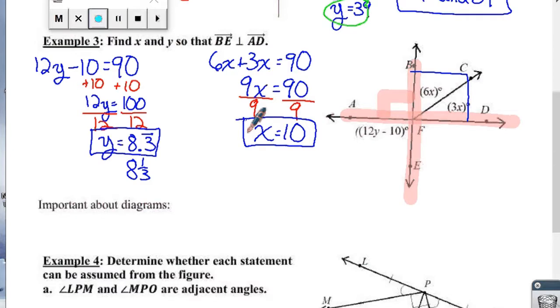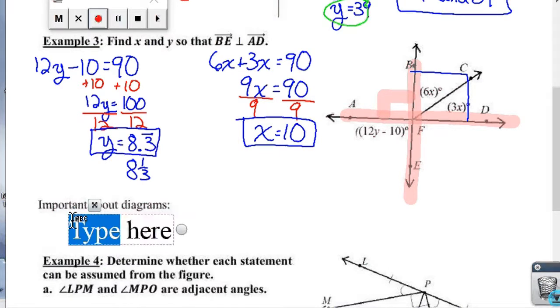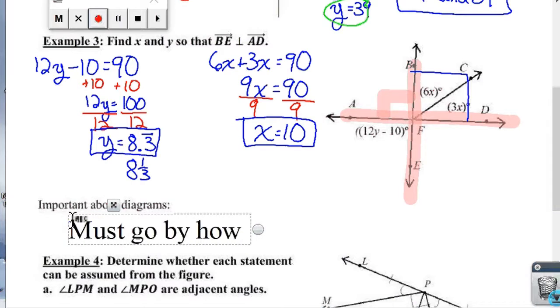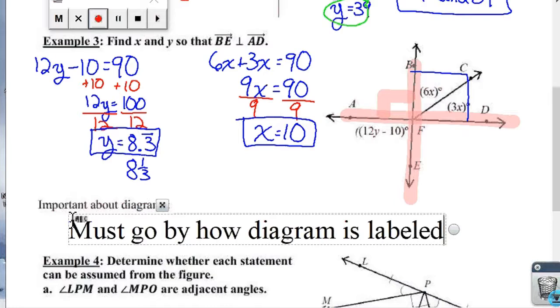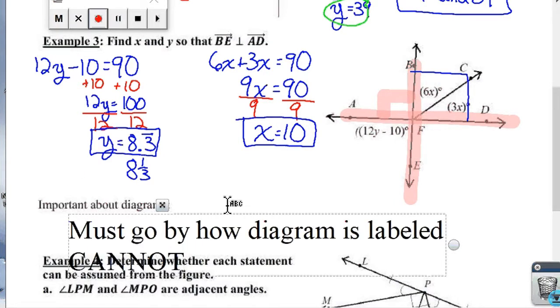Now, one really important note about these diagrams, guys, this is a really big deal. We always have to keep in mind that we must go by how the diagram is labeled. We cannot make any assumptions based on how it looks.